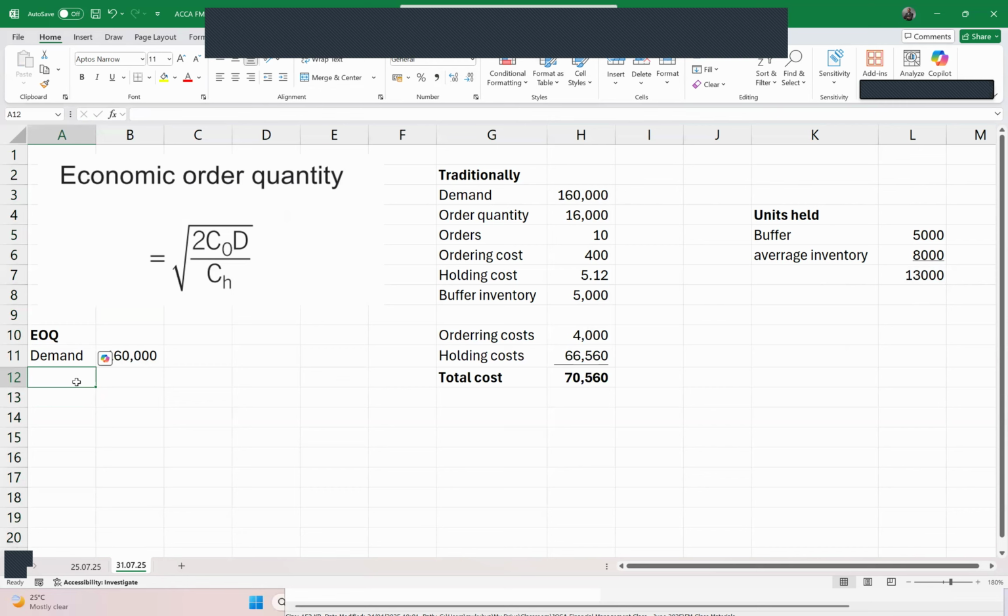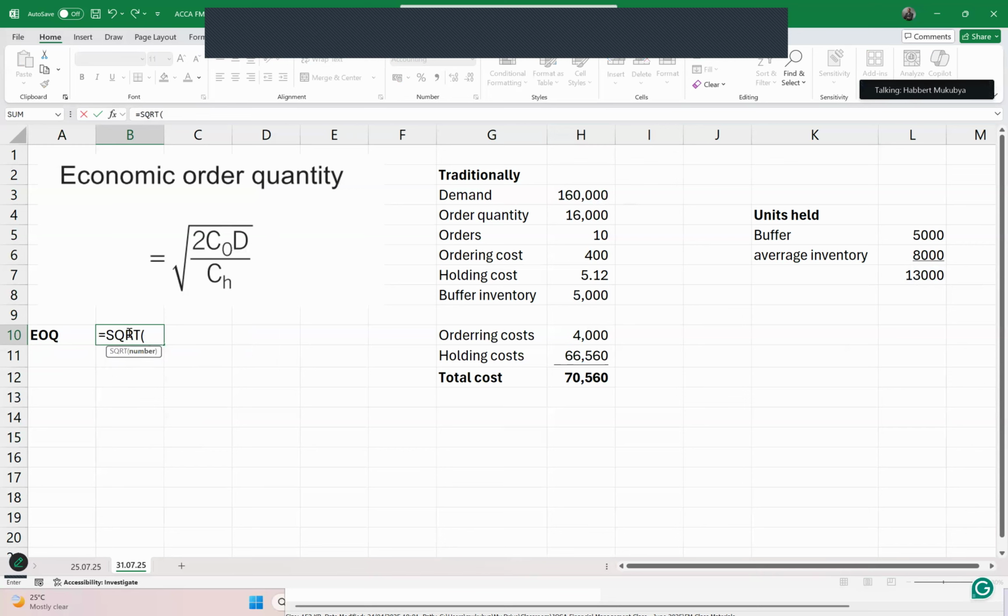If you are doing EOQ, we are basically going to use the formula, which is the square root.